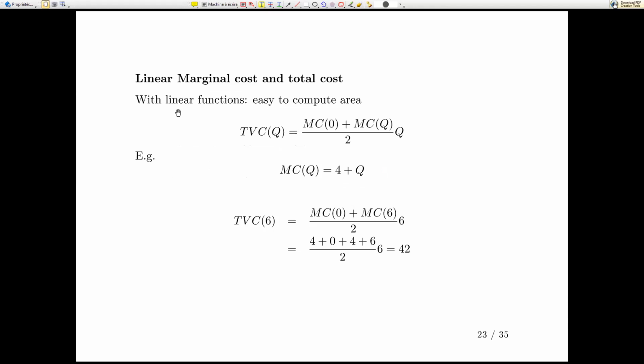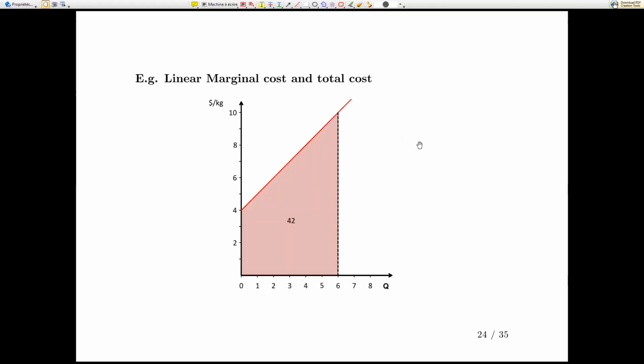All right, so with linear functions, the total variable cost is marginal cost at 0 plus marginal cost at q, divided by 2, times q. So it's this trapezoid there. Here it's 4 plus 10, so that's 14, times 6 divided by 2, so you get an area of 42.